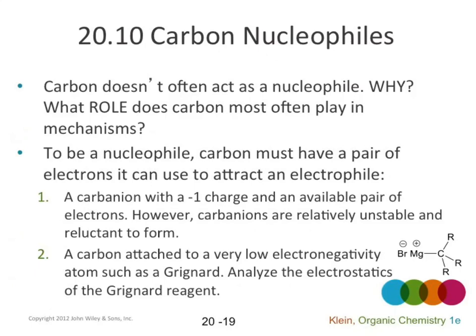React an alkyl bromine, so we need that carbon in there, and the magnesium will intercalate or separate, put itself in between the bromine and our carbon. That's going to dump a lot of electron density onto our carbon. We now generate, they did such a great job of showing it in this picture, a negatively charged carbon effectively. Okay, so our Grignard reagent does a good job at generating a carbon nucleophile.